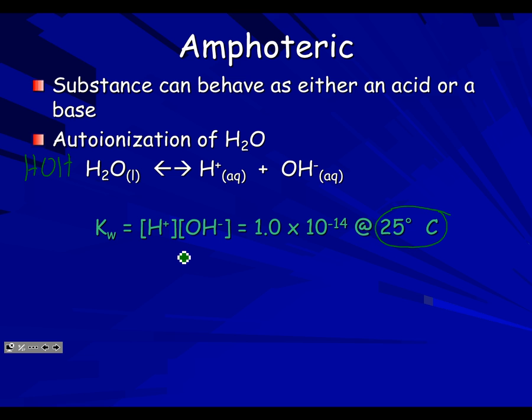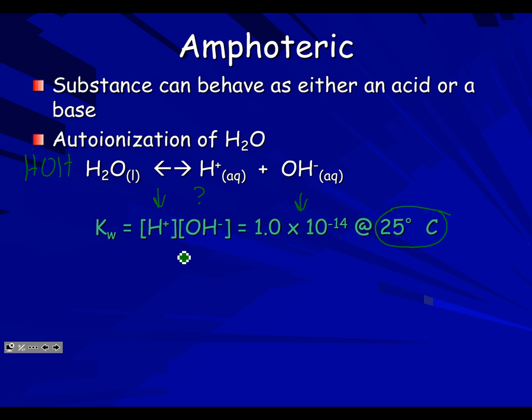So this means that no matter what problem you're working with, if you happen to know, for example, how much hydrogen you have, you can solve for the hydroxide because it's at 25 degrees Celsius. You automatically know what the Kw for that would have to be. If you happen to know the hydroxide, you could solve for the hydrogen.